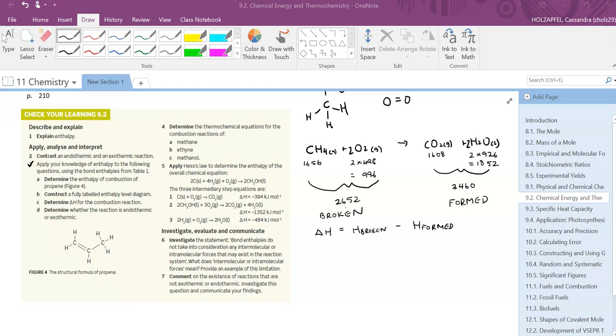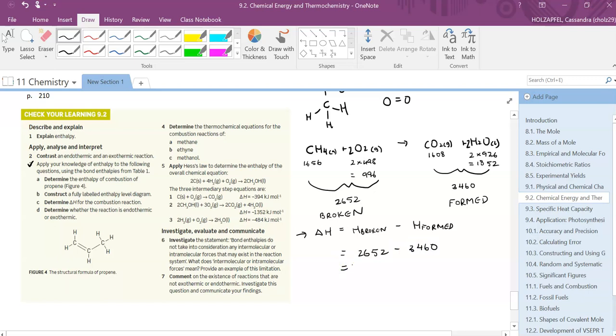Okay, so now I'm going to show you how to do the thermochemical equation part of it. We're going to use the formula that we used in the previous video. The change in enthalpy is going to be the energy in the bonds that have been broken, take away the energy that's formed. So for this particular case, we're going to do 2,652 take away 3,460. I'm just going to quickly pop that into my calculator.